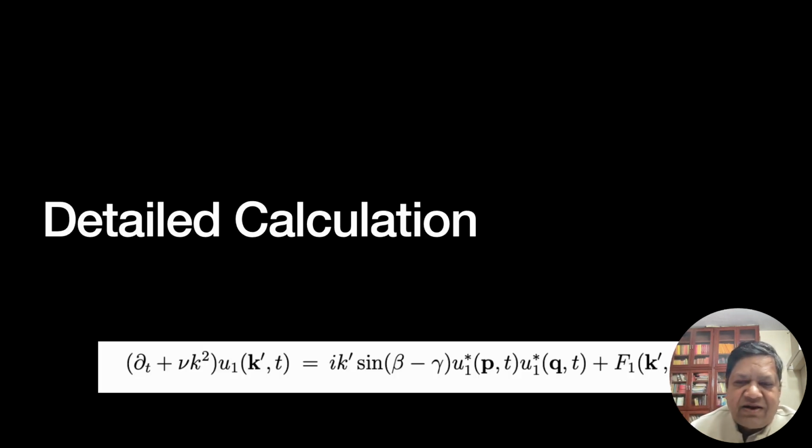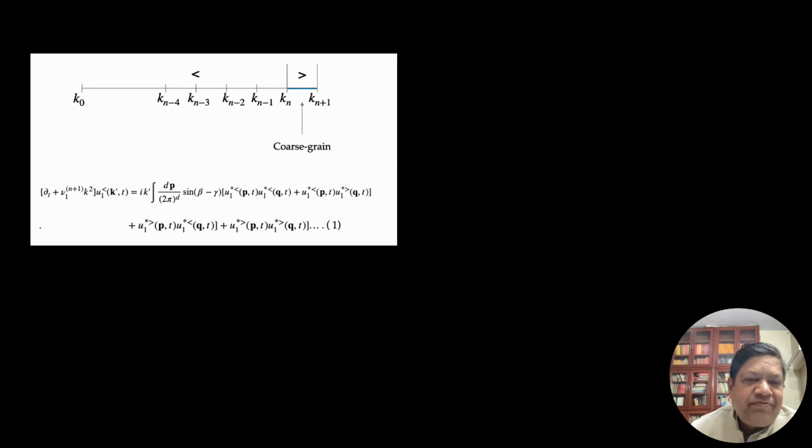Okay, so detailed calculation. Our starting point is this equation, but with a minor modification that this is nu 1, the viscosity corresponding to U1. As I motivated before, of course my wave number starts from k infinity, but I have done something and gotten rid of it.